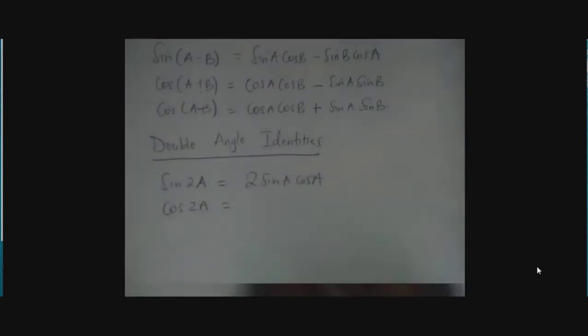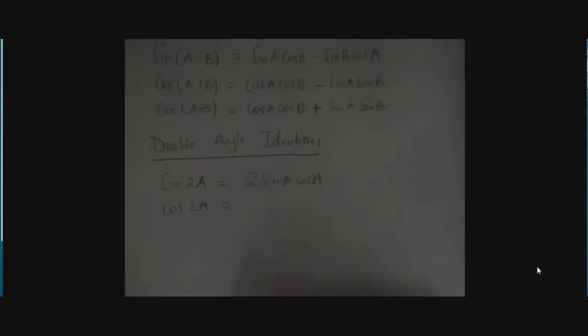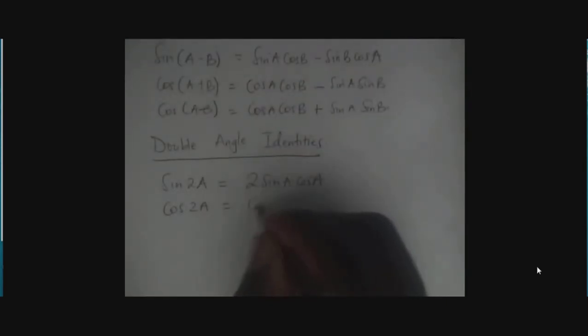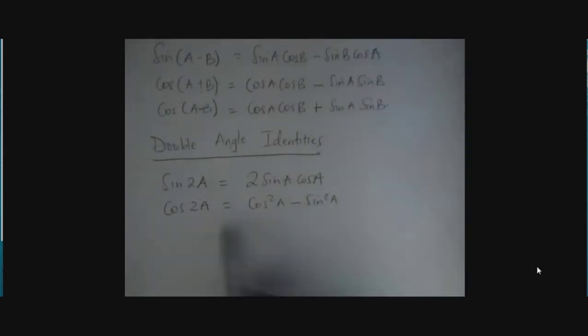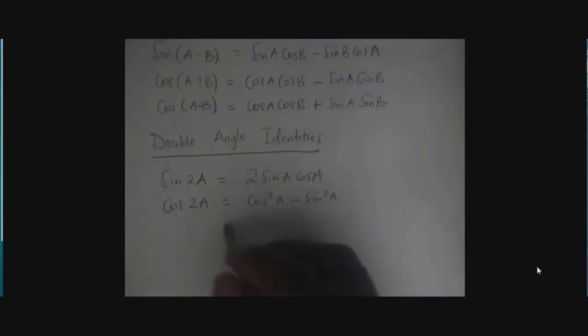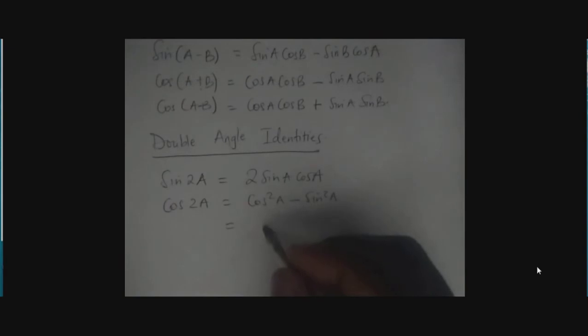And then cos 2A, the double angle for cos 2A has 3 identities. So the first one will be cos squared A minus sine squared A. Again, I showed how these are proved in the picture that I sent on the group, so you have to check that out.